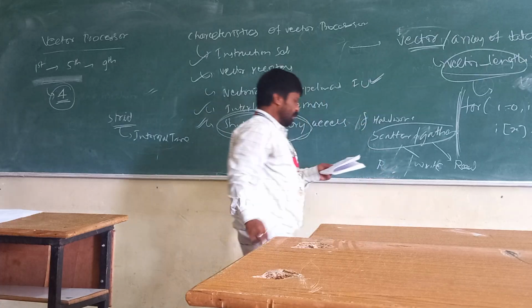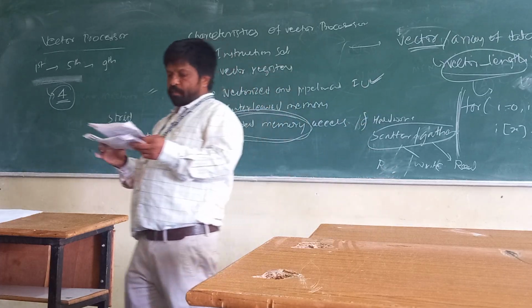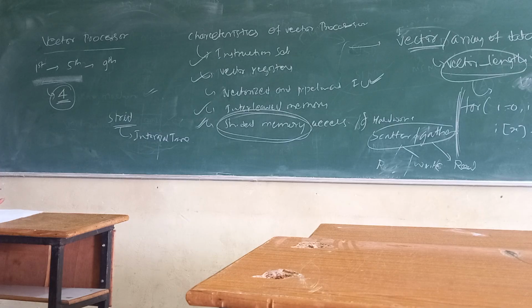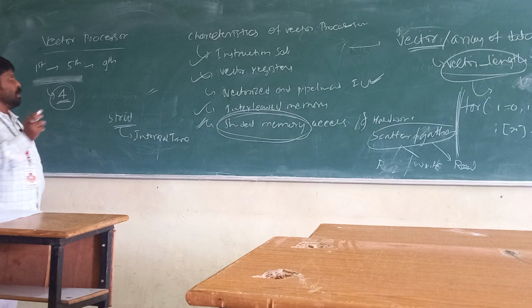Here the scatter and gather read the vector elements located in an irregular fashion. If you are using the scatter gather concept here, we can access irregular elements, but in strided memory access we will be accessing at a particular stride. With scatter and gather, there is no access at a particular period of time.